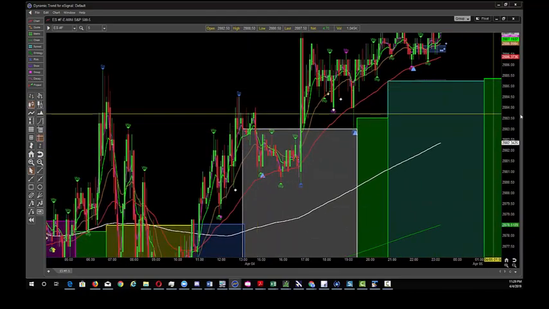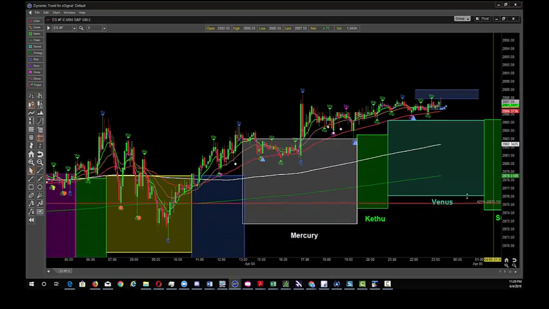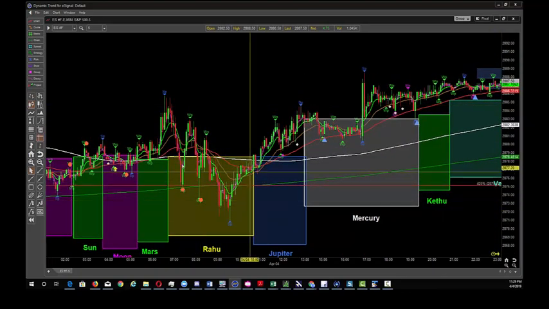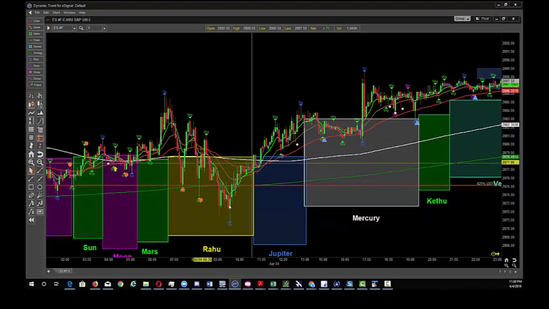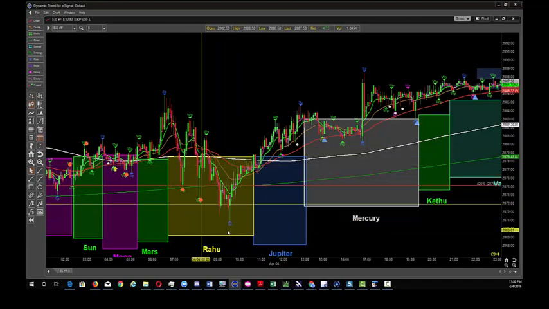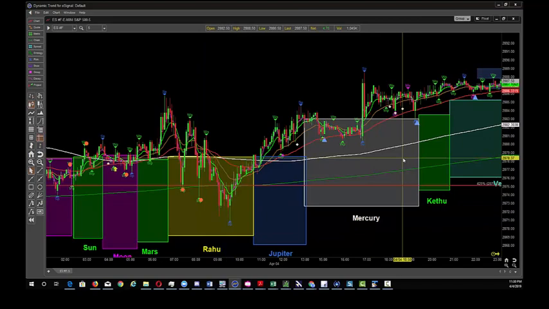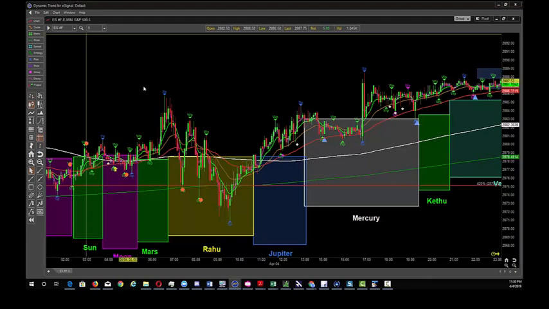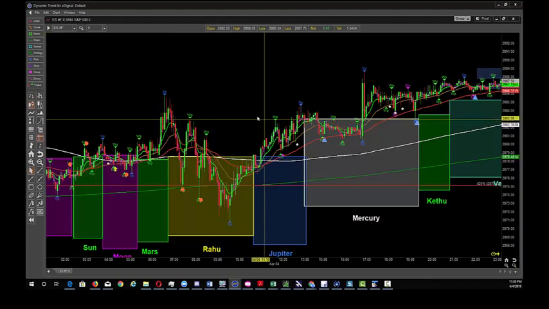I showed you the intraday timing windows that I have calculated, and drew boxes to see the times where each planet is going to be controlling the market and how it's going to impact the indices. Basically, it's the ES mini futures 5 minute chart, which I'm plotting in Dynamic Trend E-Signal.